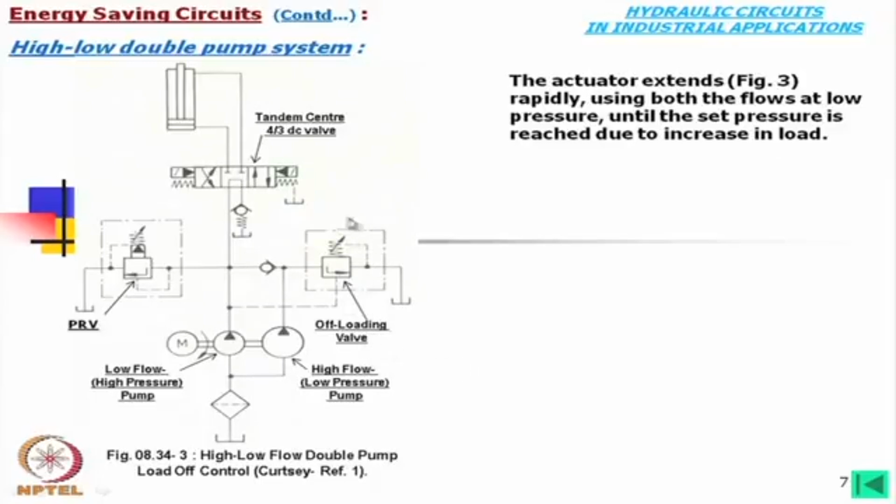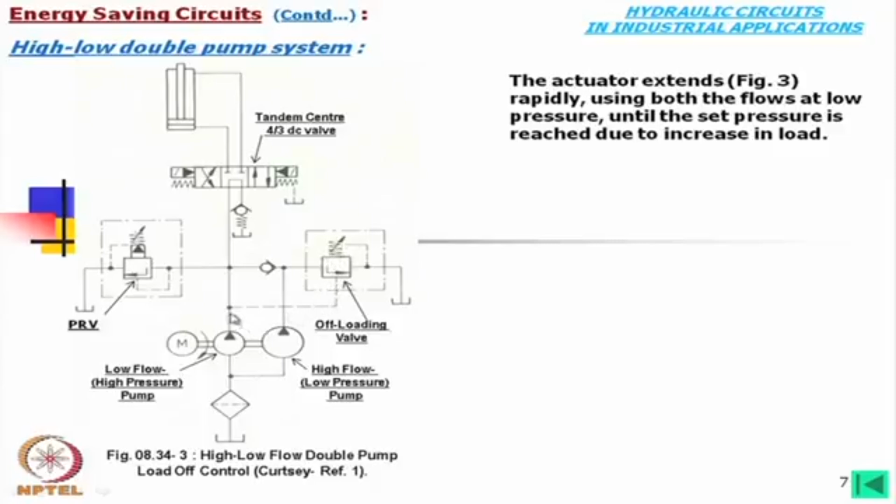Now, this is called the off-loading valve. This is called the pressure relief valve, and also it is called the off-loading valve. A connection is from here to this side, and again it can be adjusted here.